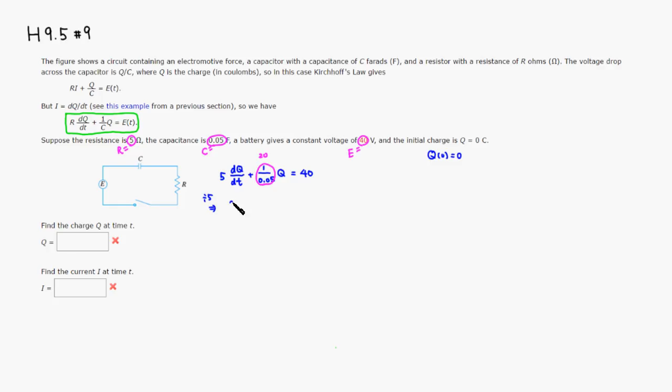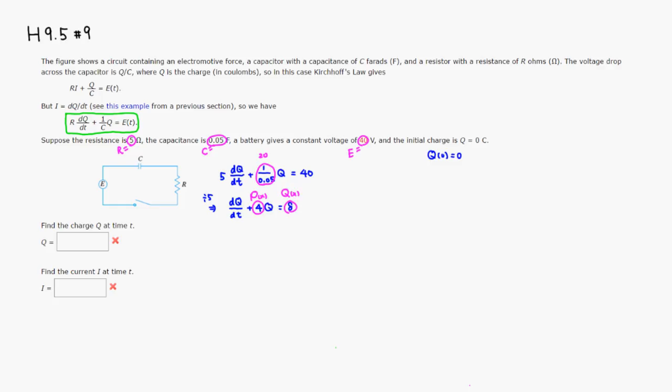So we get dq over dt plus 4q is equal to 40 divided by 5, which is 8. Now we can see that this is our P of x, and this is just going to be Q of x.